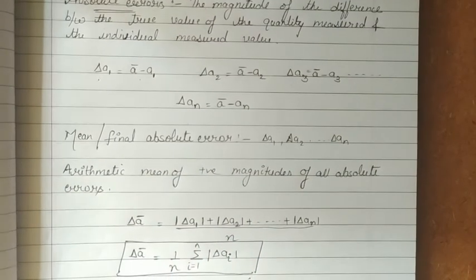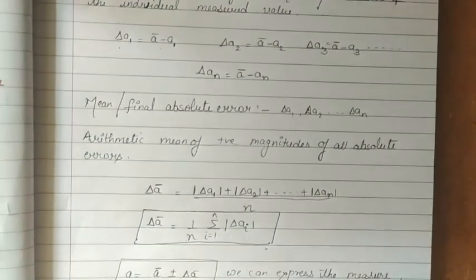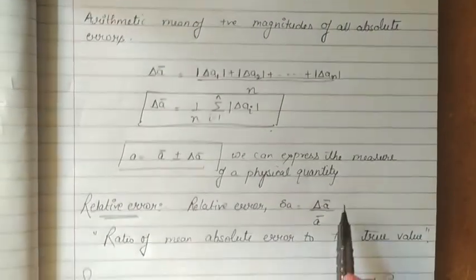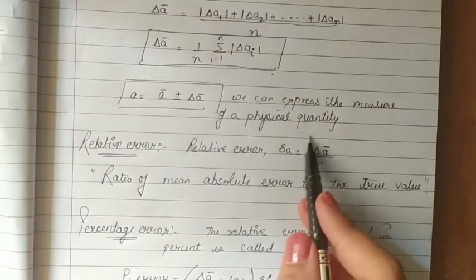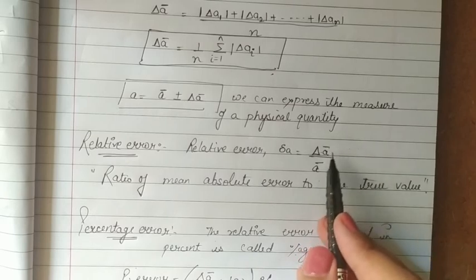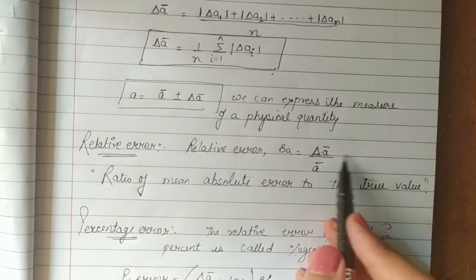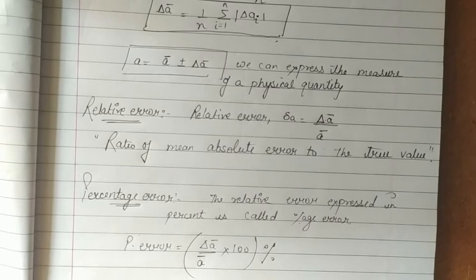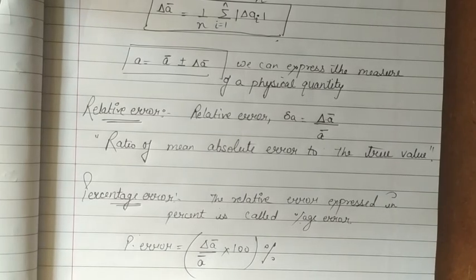Final absolute error का ratio to the true value, means mean absolute error upon true value, gives relative error, and when we express this relative error in percentage form, we multiply it by 100, then it is called percentage error. So all these errors we are going to use while doing numericals or while working in labs, while doing actual experiments. We are going to use all these kinds of error.